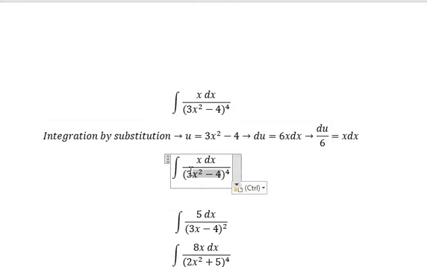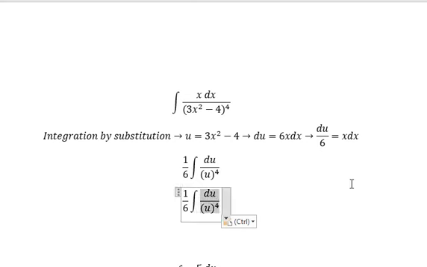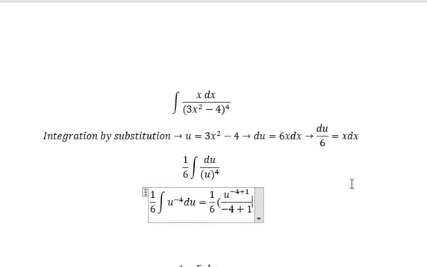This one we change for u. s ds we change for u over 6. So this one we can write into u to the power of negative 4 du. And this one you will get u to the power of negative 4 plus 1 over negative 4 plus 1.